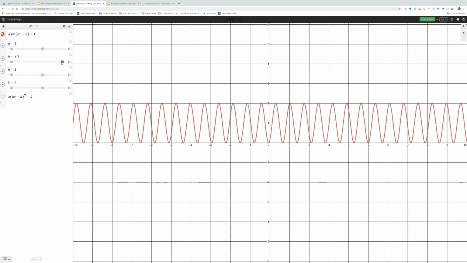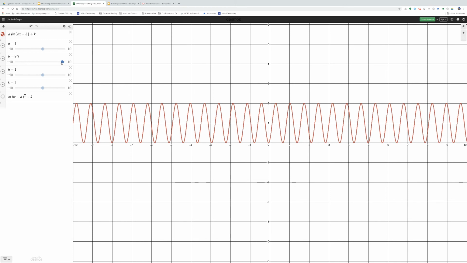This has to do with what we call the frequency of the function. We're actually introducing the idea of b as increasing the frequency with which we see the waves over a given interval. So when we talk about b, that's actually changing the horizontal scalar, or the horizontal dilation of the graph.